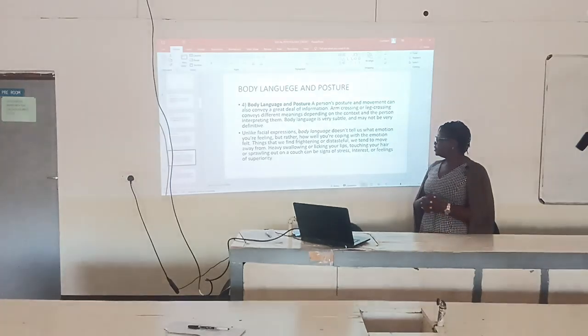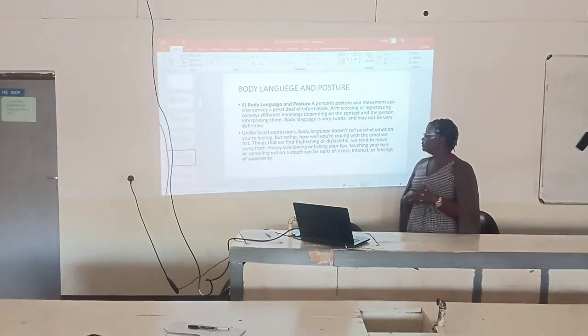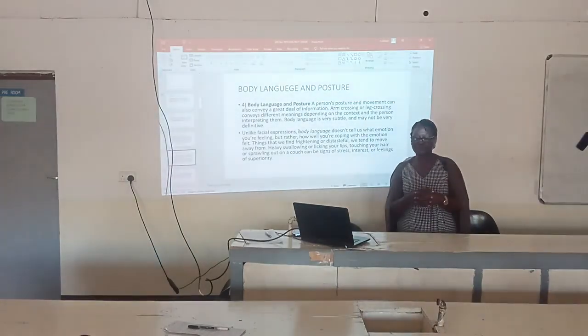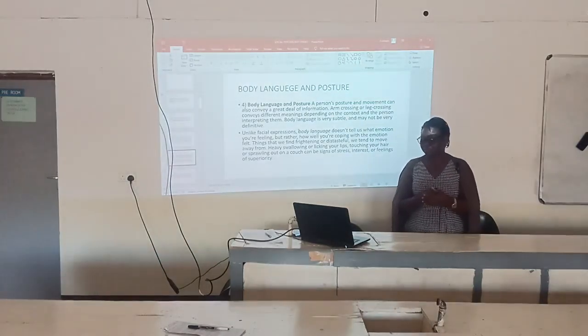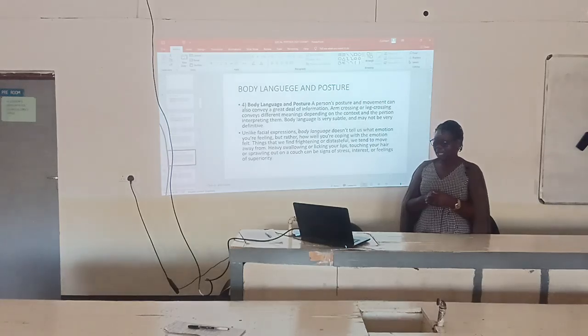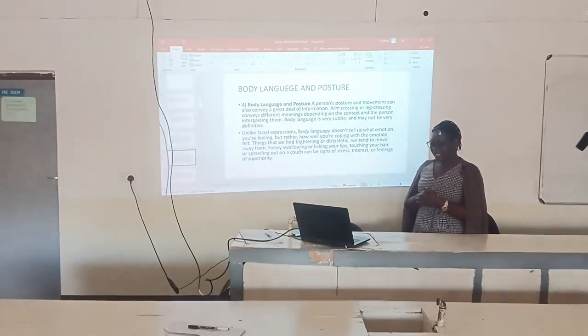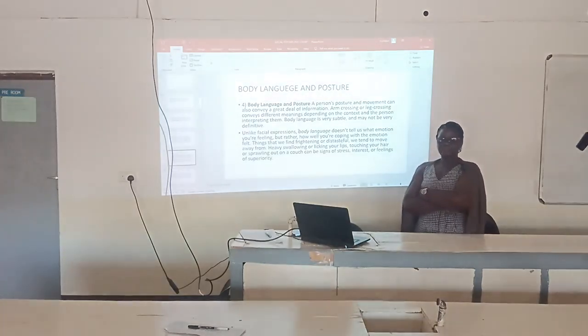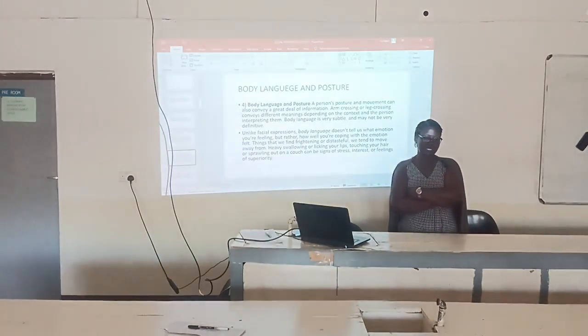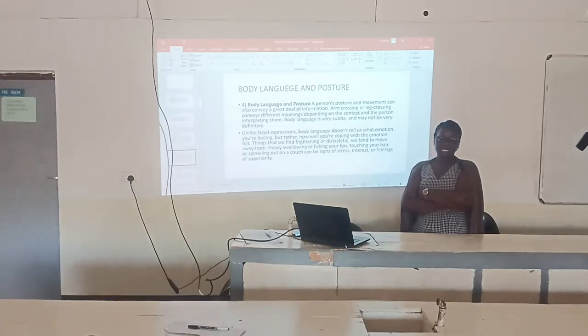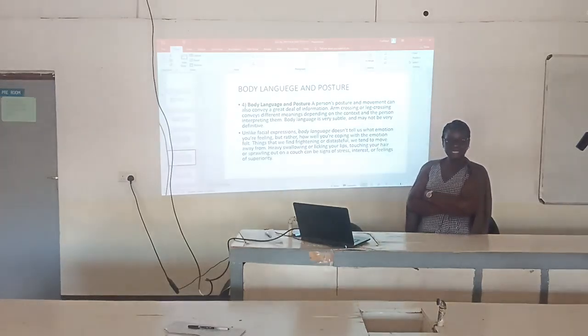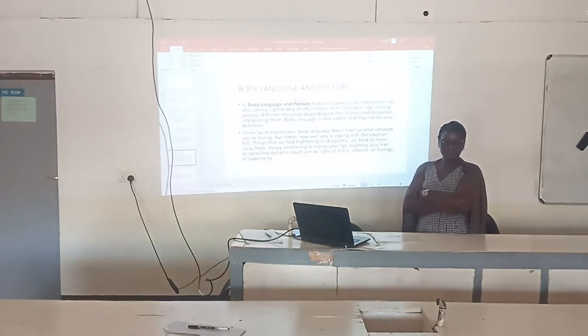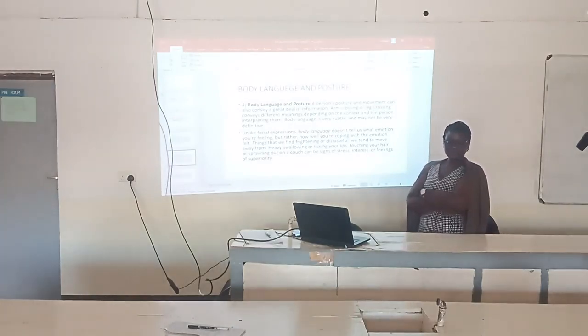Okay. So the body language itself is also one way of giving information to our friends. Like for example, crossing the hands like this, maybe one can interpret that I'm disappointed with something, okay?